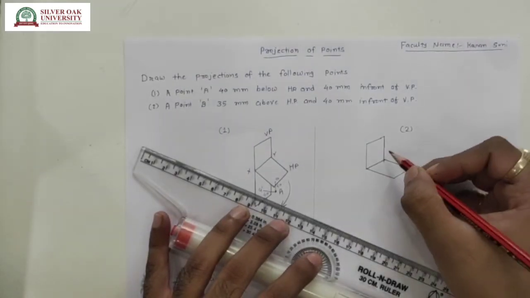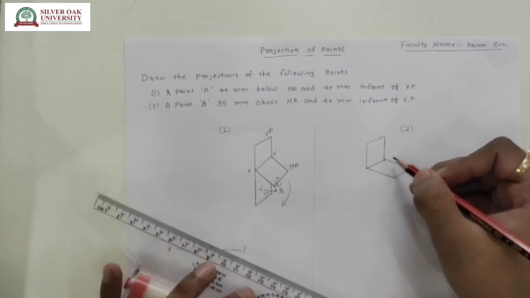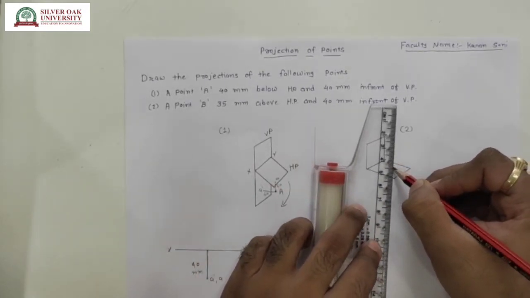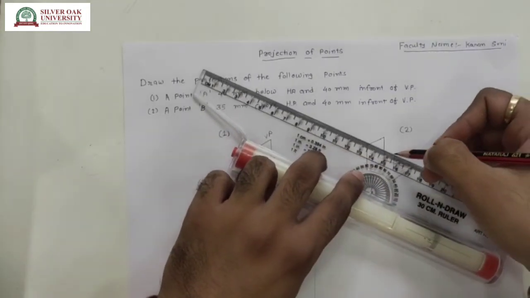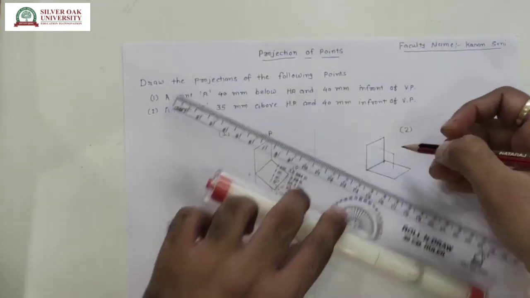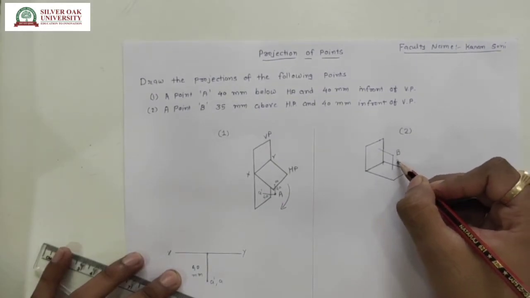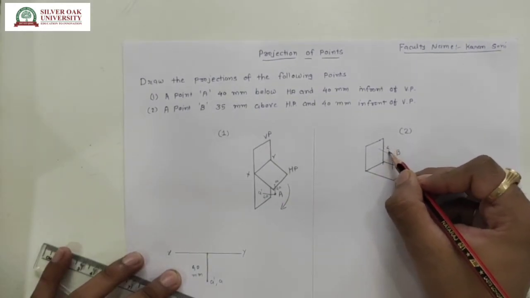Considering this is the first quadrant, our point is located 35 mm above HP, so that is here, and 40 mm in front of the VP, so that is here. So this is our point B, 35 mm above HP and 40 mm in front of the VP.